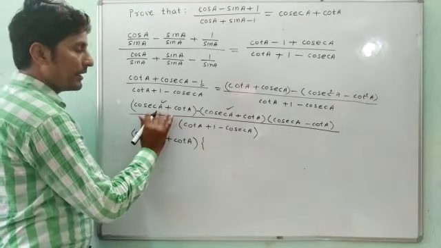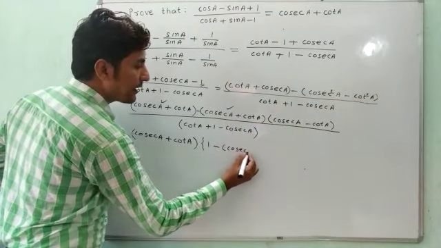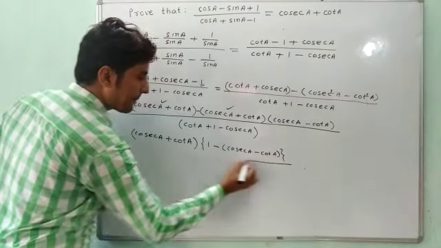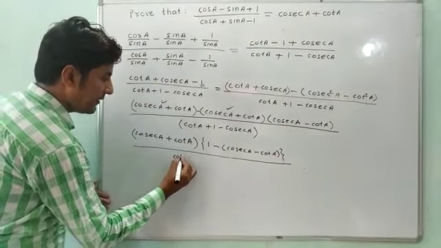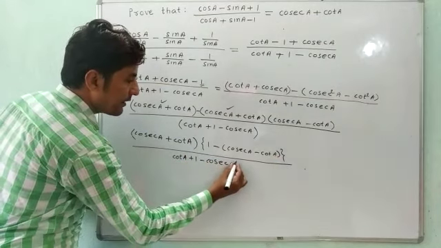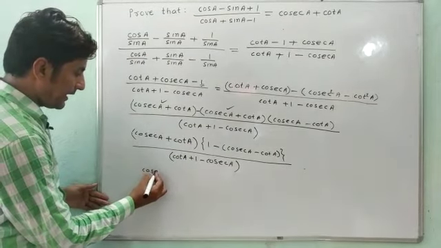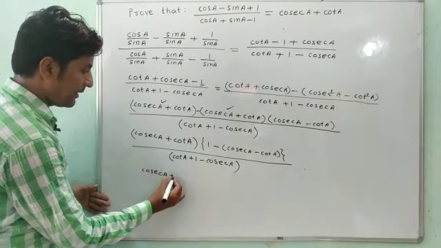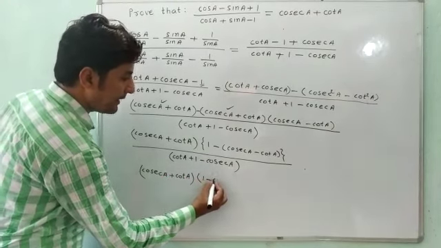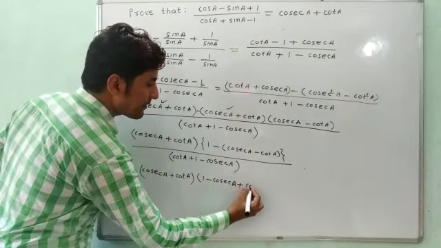Now the remaining term here will be 1 minus, and here we can write cosec A minus cot A. Whole is divided by cot A plus 1 minus cosec A. Now finally we can write here cosec A plus cot A, and here we can write 1 minus cosec A, and minus minus will be equal to plus cot A.